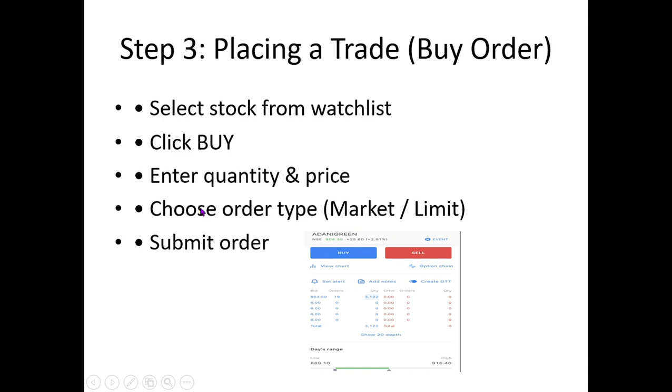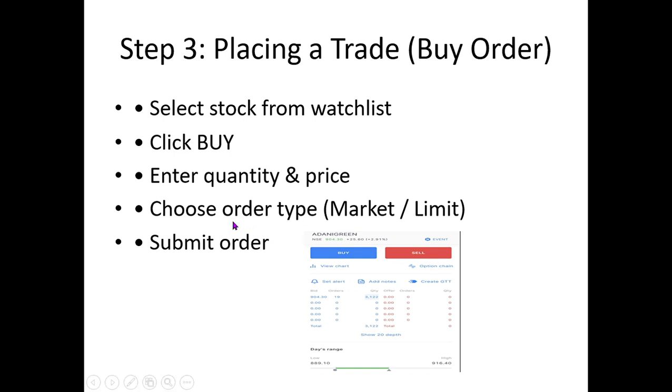Then you will be directed to a screen where you can enter the quantity and price. It will show the market price. You can set the price at which you want to buy the stock and click the trigger button so that it will buy the stock at that price.